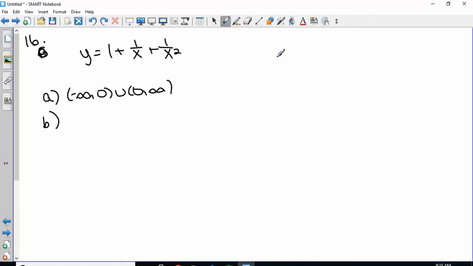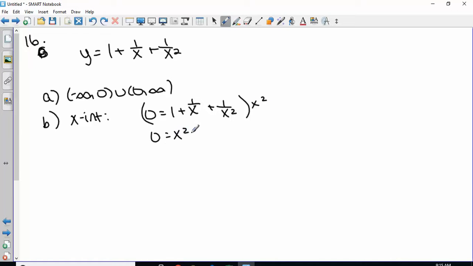X and y intercepts. X-intercept is when y equals 0. So if I plug in a 0 for my y, if you multiply the thing by x squared, we can't do box method.